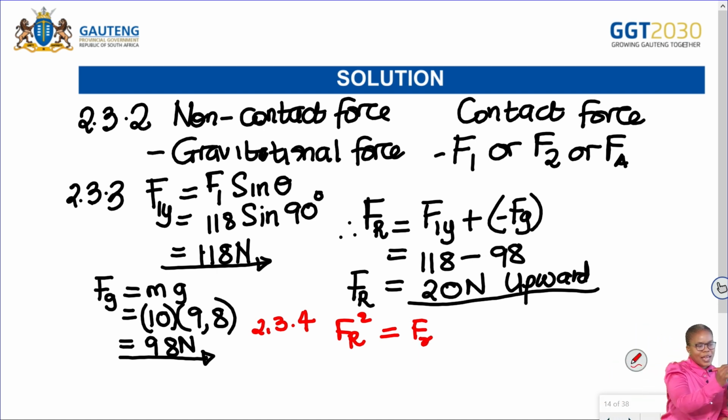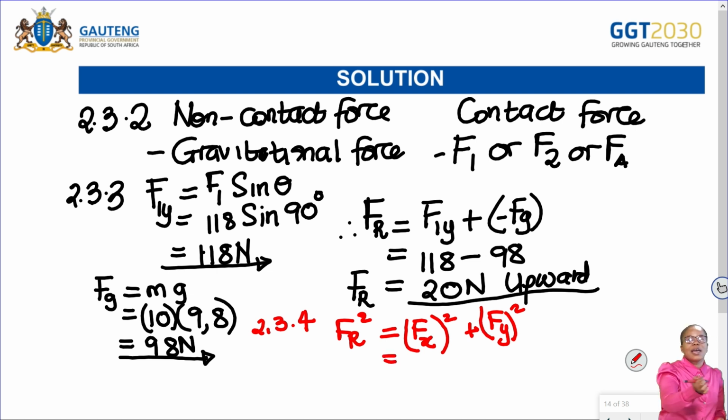So you're going to have an Fx squared plus Fy squared. Not forgetting that the y, because the vertical direction we already found the resultant of all the forces that are acting on the vertical direction. We got it as what? As your 20.